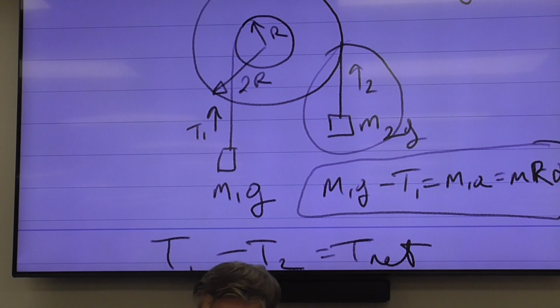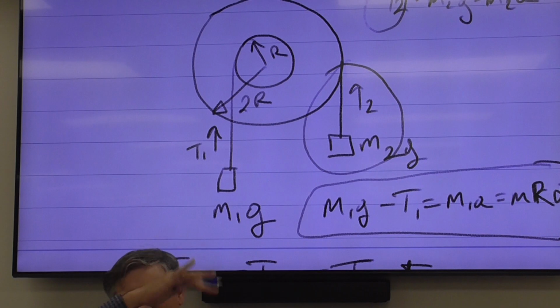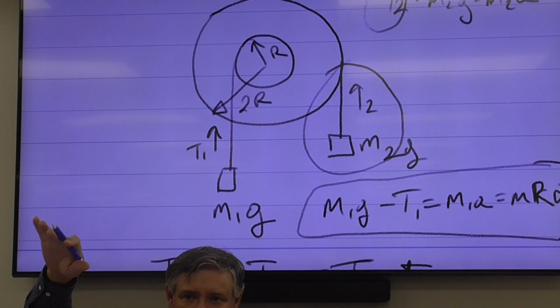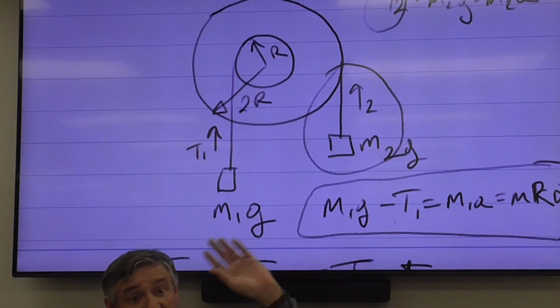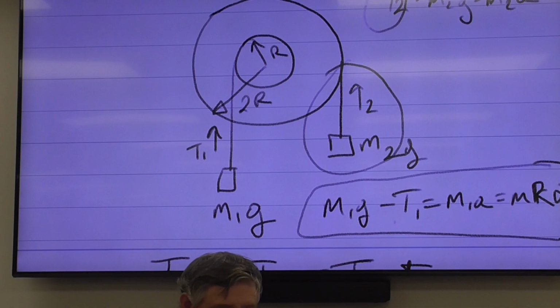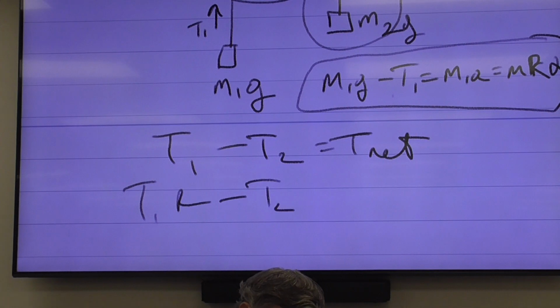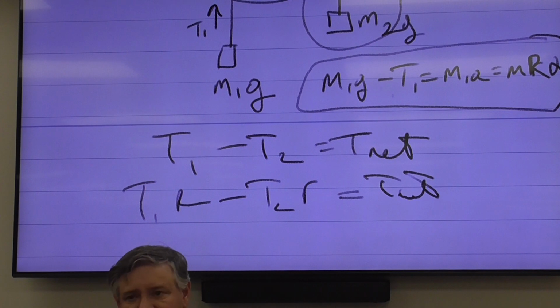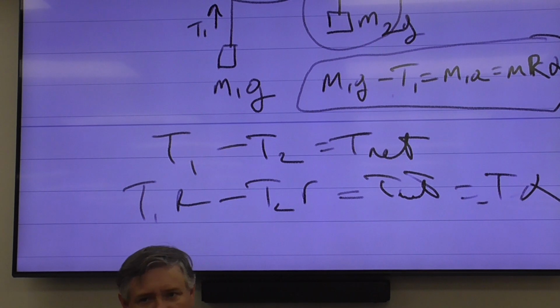You've got to get tension 1 by itself. Tension 2 by itself is easy, you just add that over. This one is a little more complicated because you're subtracting T1. Once you get those, you're going to have tension 1 times radius minus tension 2 times a radius equals torque net. At that point, torque net also equals I alpha.